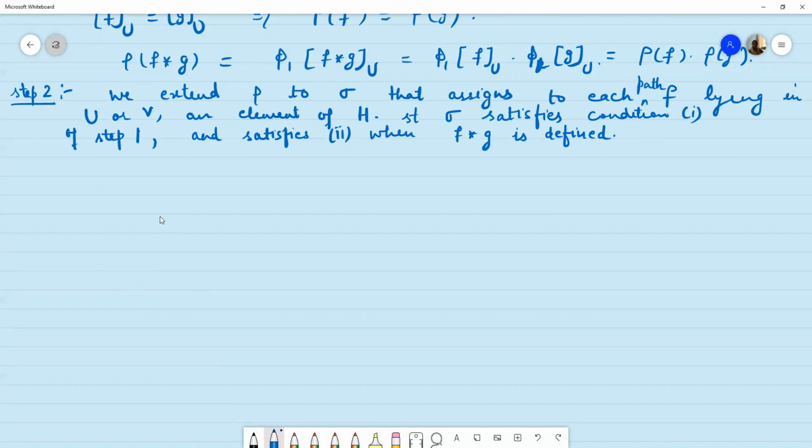So here, firstly, for each x in X, we choose alpha x to be a path from x0 to x. Our point x0 is fixed. And now we have this type of situation.